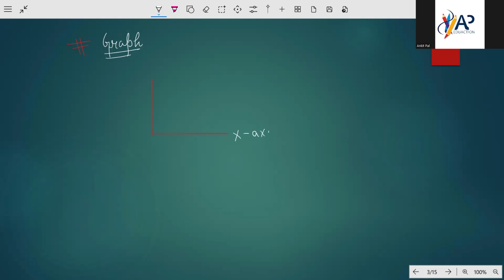X-axis and y-axis. This point is the origin.